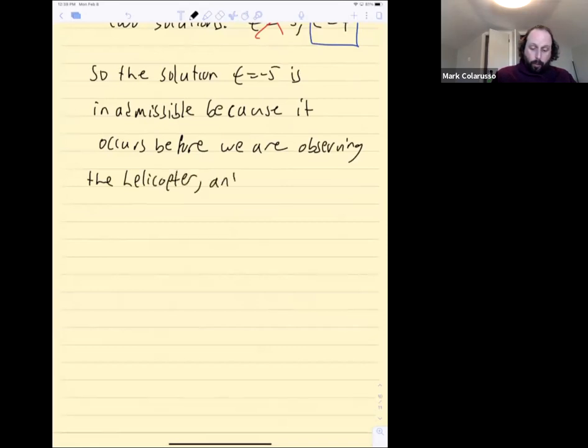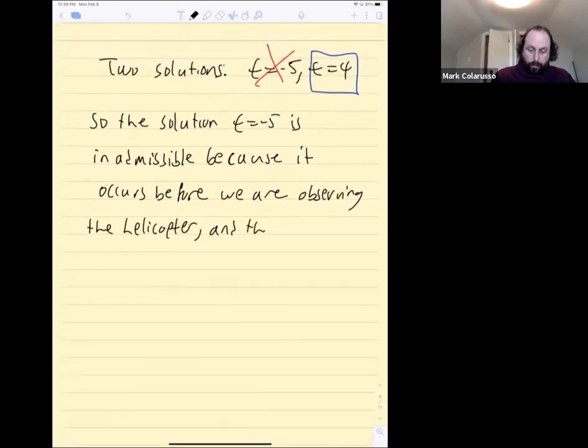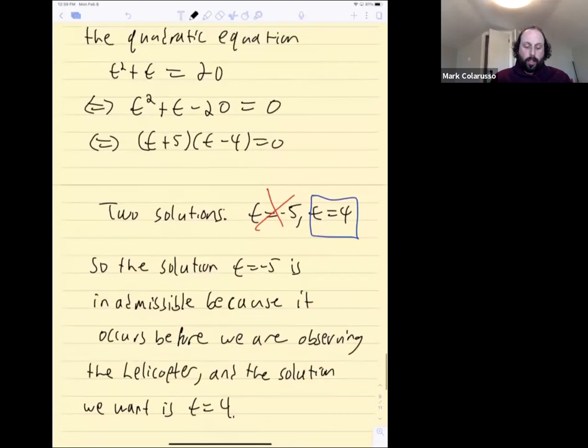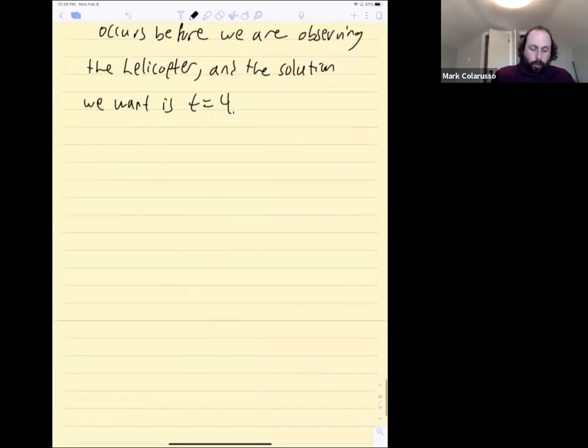And the solution we want is the positive one, t equals 4. So it will take 4 seconds. In words, it will take 4 seconds for the helicopter to rise 20 feet.